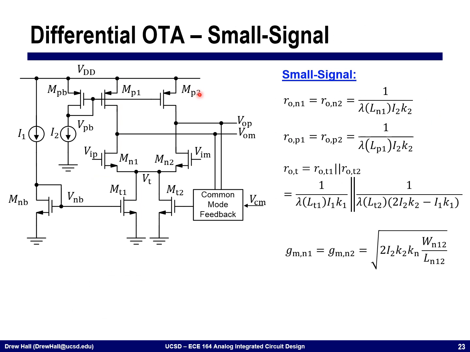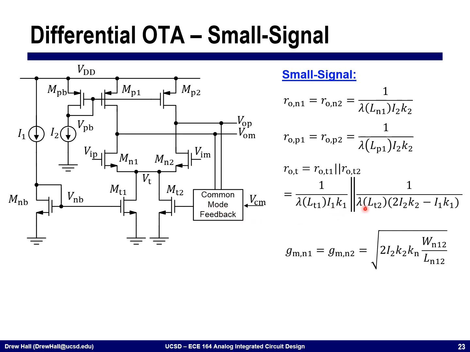Small signal parameters, exactly the same as before, with one exception, that when we're calculating the tail impedance looking down here now, we have two tail impedances. We have ROT1 and we also have ROT2 that's due to the common mode feedback circuit.